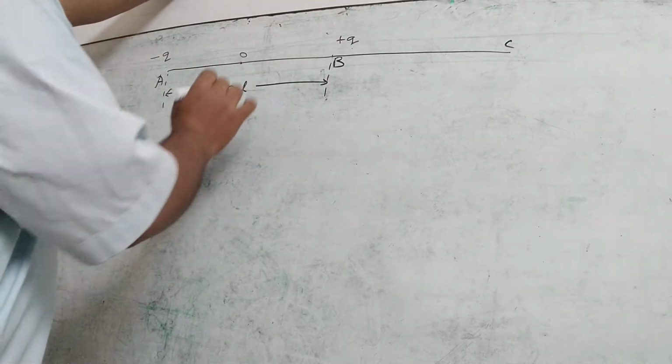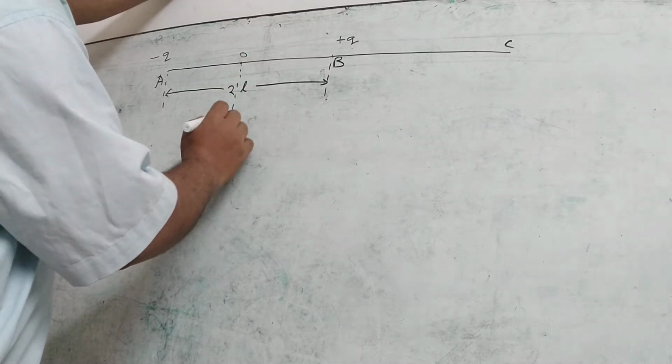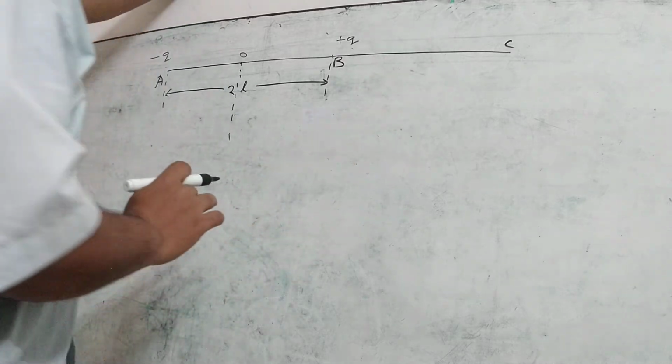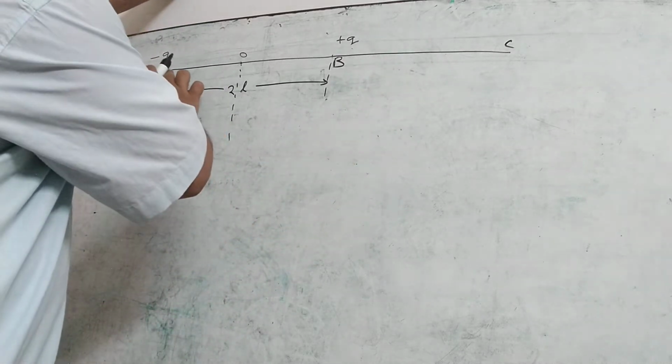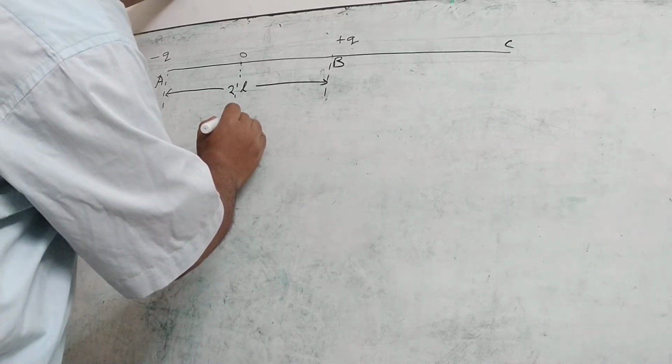Let O be the midpoint of AB and C be another point on AB extended.